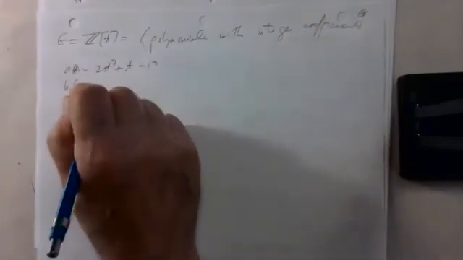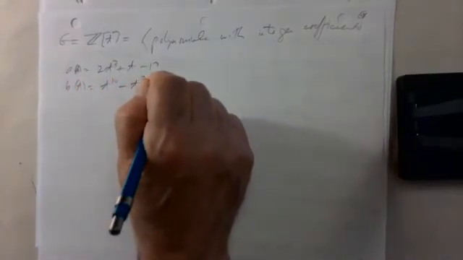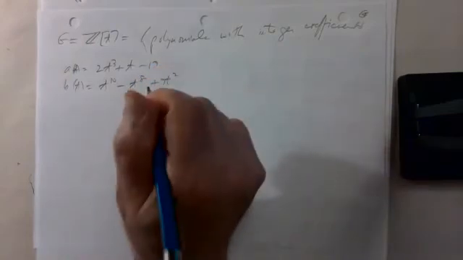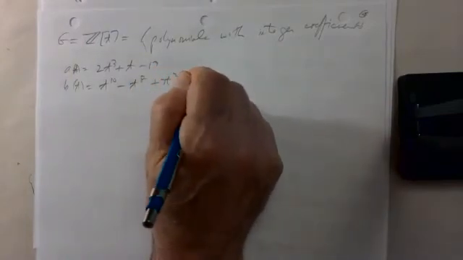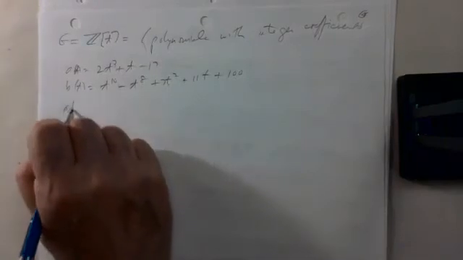So you might have a polynomial, a of t equals 2t cubed plus t minus 17, and b of t equals t to the 10th minus t to the 8th plus 7t squared plus 11t plus 100. Right? These are polynomials with integer coefficients, and you can add them.